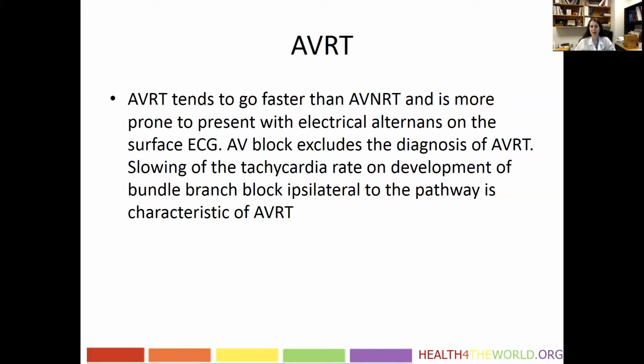We have to have one-to-one association of atria and ventricles. Slowing of the tachycardia rate on development of bundle branch block ipsilateral to the pathway is a characteristic of AVRT, and this is a little more esoteric for cardiologists and electrophysiologists, but it's always an interesting finding to have.